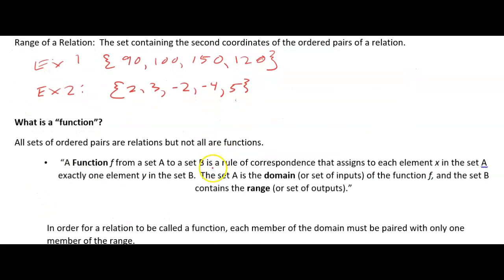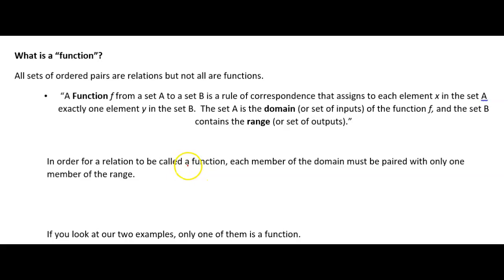So once you understand that, we can start to talk about what it is about the domain that says I have a function or I don't have a function. All lists of ordered pairs are relations, but they have to meet another criterion to be a relation that's also a function.